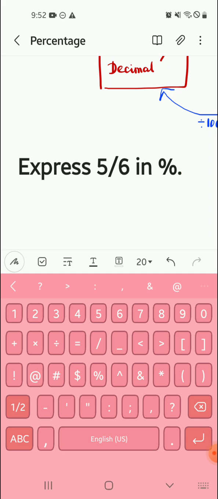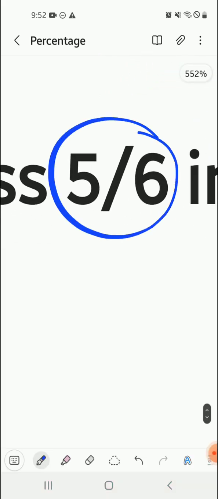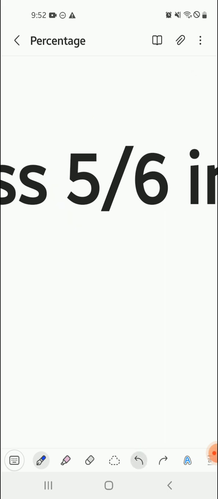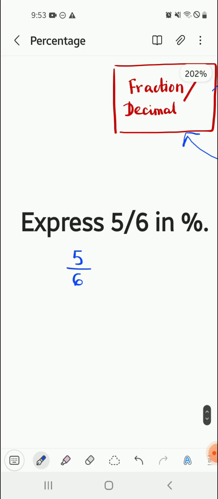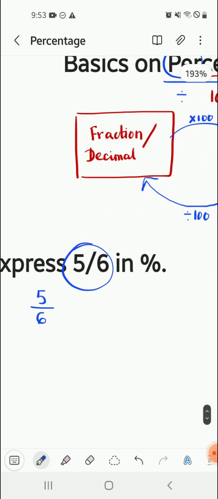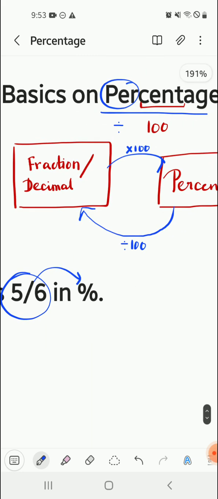Okay, so how do we find it out? It's very simple. 5 by 6 is the number given. It is actually a fraction. So we are going to write 5 by 6. We are asked to convert a given decimal or fraction in a percentage form. So for converting in percentage, we need to multiply the number with 100.